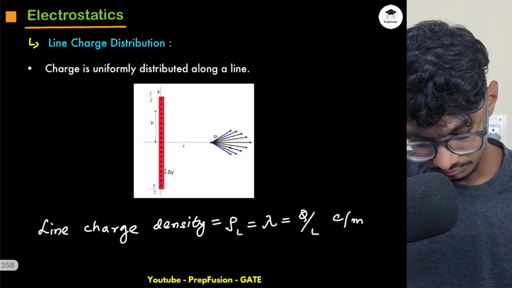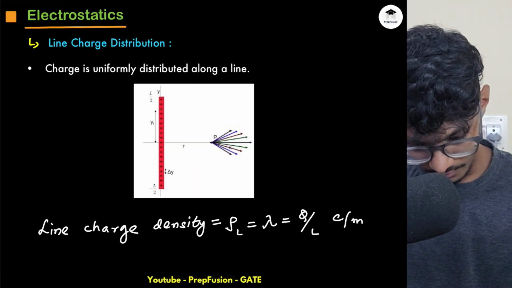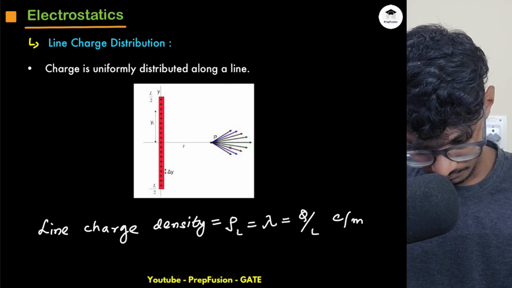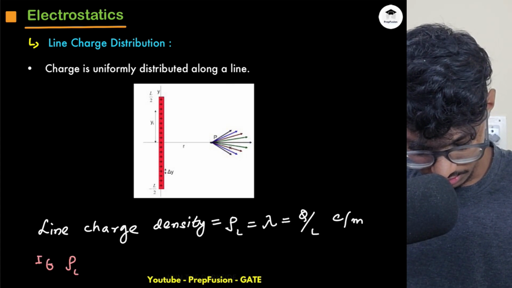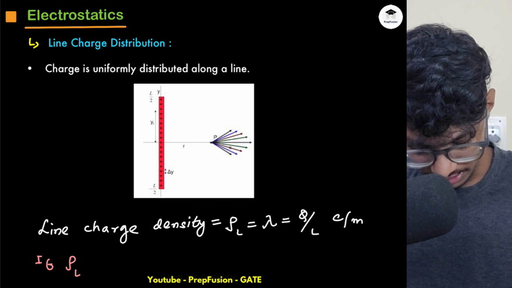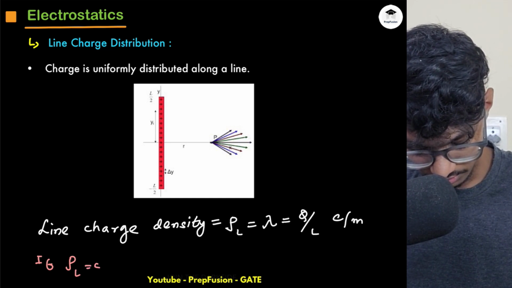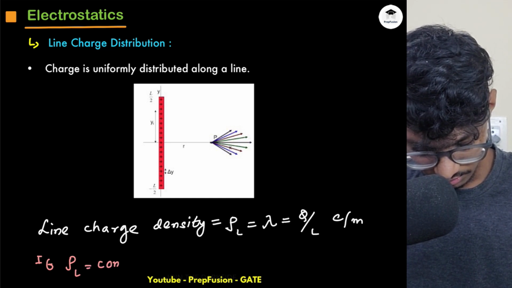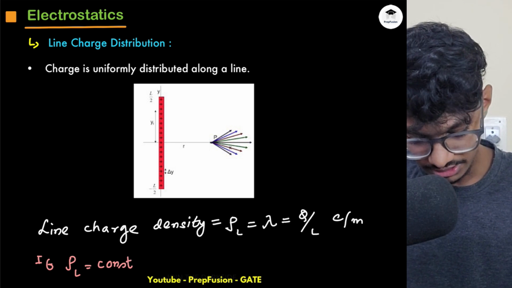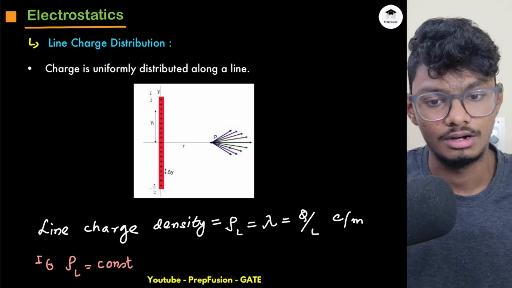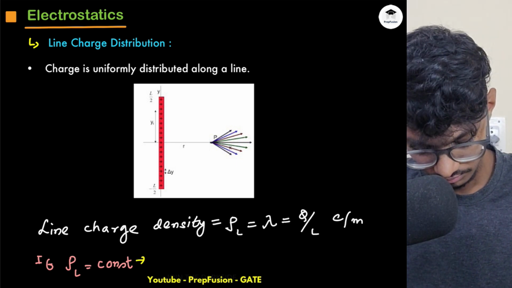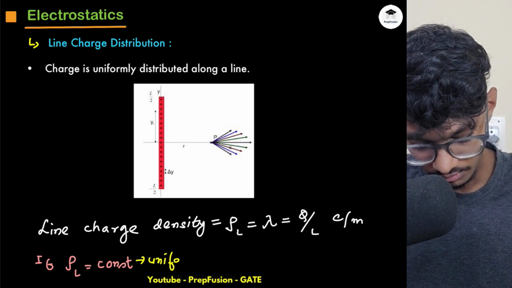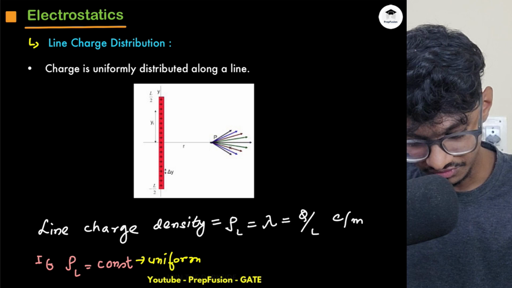If rho L is constant, that means it will be uniform. It is not varying; rho L is not varying with respect to space.